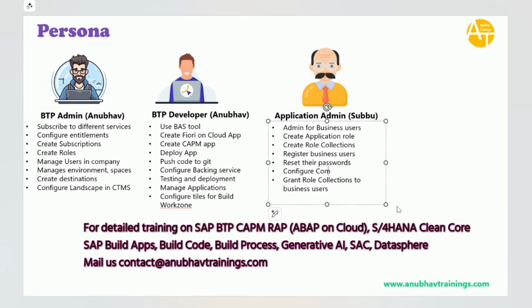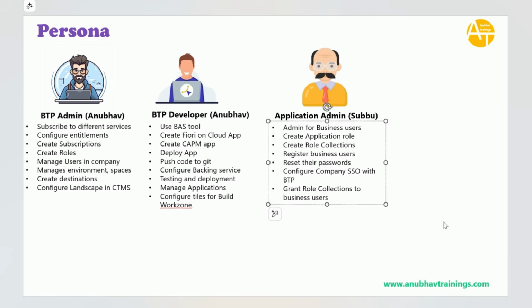Configure company SSO with BTP. Sometimes if somebody wants to use company SSO instead of the BTP login screen, this is also done by Subbu. Give access to build work zone app to business users. Grant Fiori app access to business users.